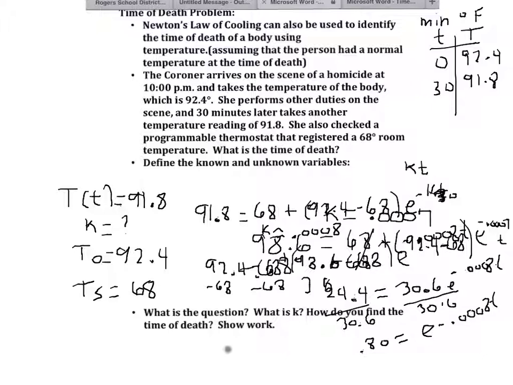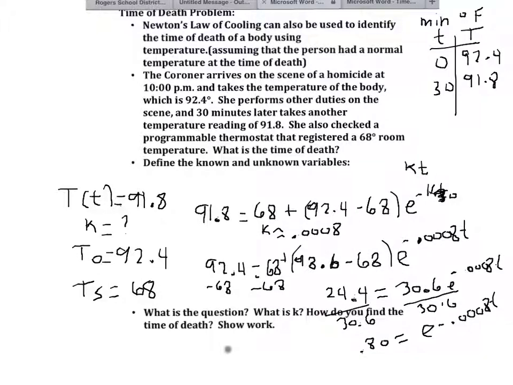And when you take the natural log of 0.80 and divide by that 0.0008, you get that is negative 0.223 divided by negative 0.0008, and that's going to be approximately equal to, time is going to be at 278.75 minutes.